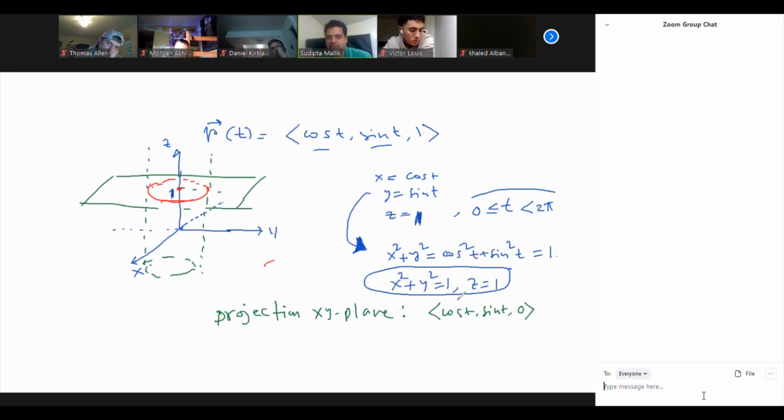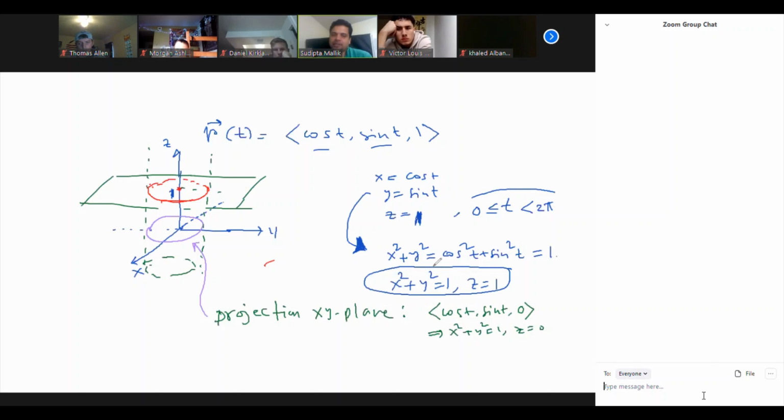That means this is just x squared plus y squared equals 1 when z equals 0. So if you do the projection on the xy plane, what you will get is a circle on the xy plane. That's the projection on the xy plane.